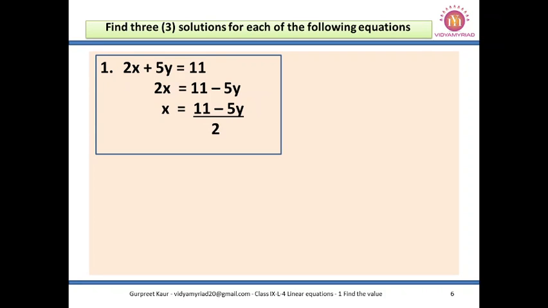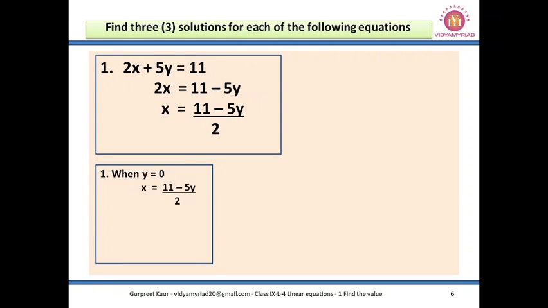Now I will assume numbers for y and find out the value of x. When y is 0, what will be my x? So (11 minus 5y) upon 2, your x comes to 11 by 2, or I can write it as 5.5.